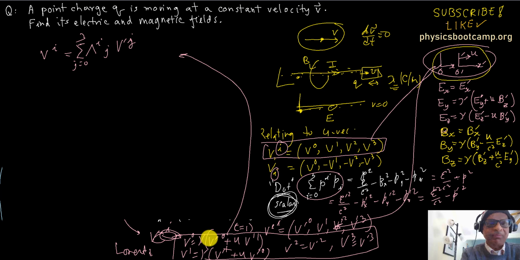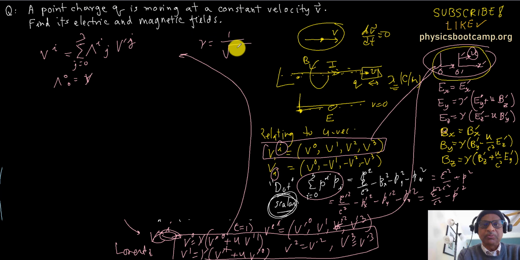You can see that with lambda nicely organized, lambda 0 0 is gamma. You remember gamma? In this case gamma is 1 over the square root of 1 minus u squared over c squared, and with c equal to 1, just 1 minus u squared.